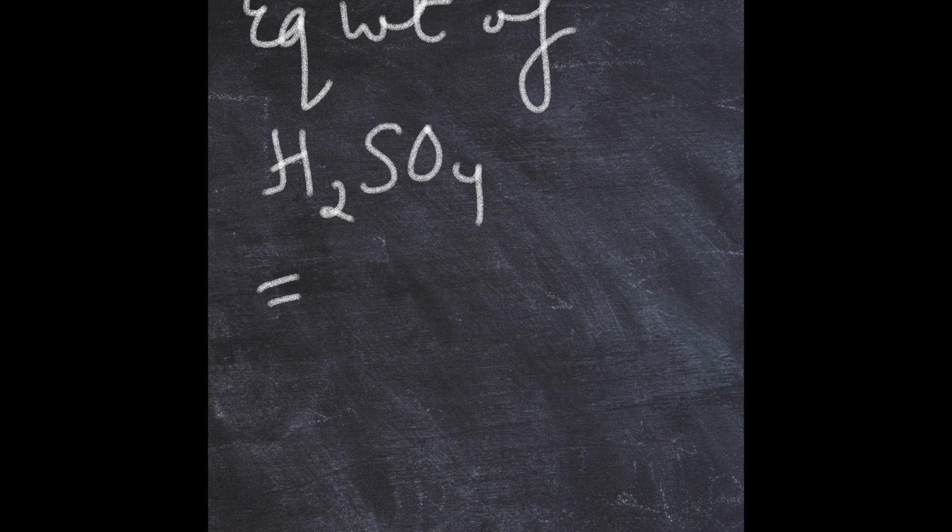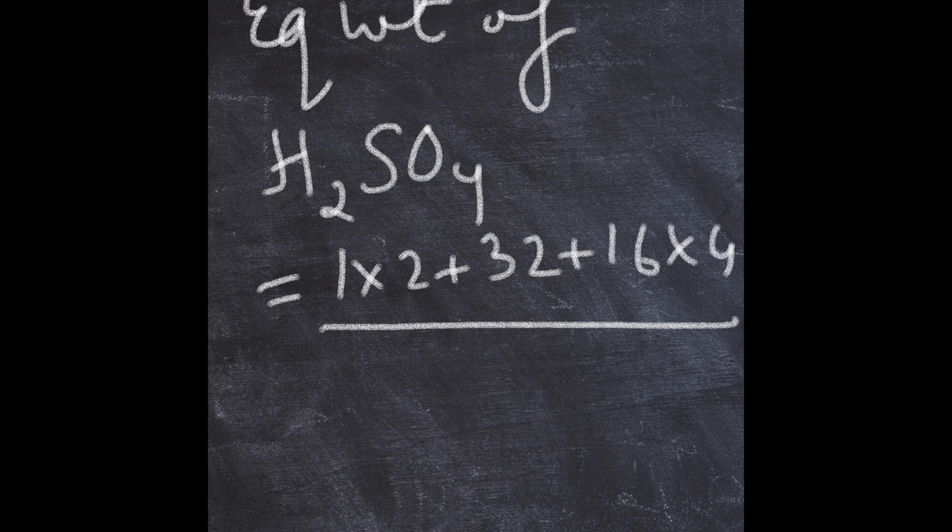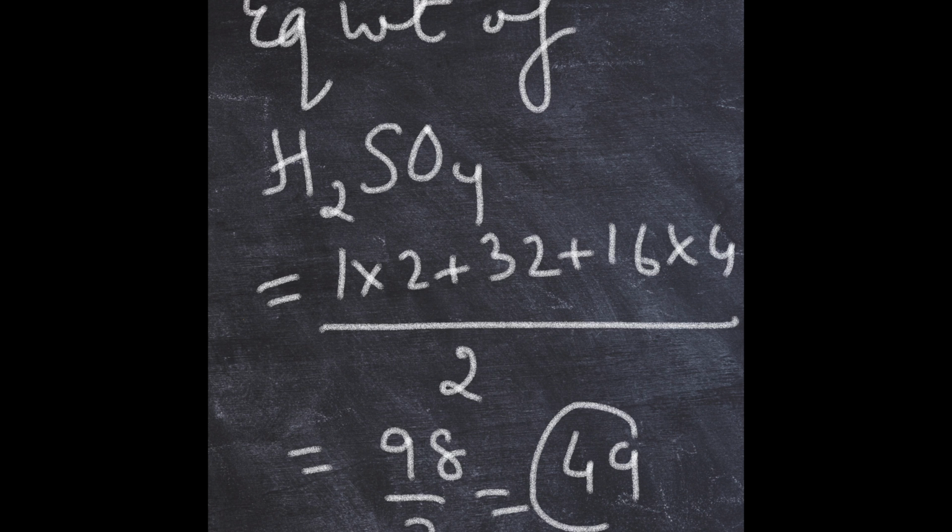This is equal to molecular mass of sulfuric acid, 1 multiplied by 2 plus 32 plus 16 multiplied by 4. Now sulfuric acid gives 2 H plus ions in solution. So we will divide this by 2. So this will be equal to 98 upon 2 is equal to 49. So 49 is the equivalent weight of sulfuric acid.